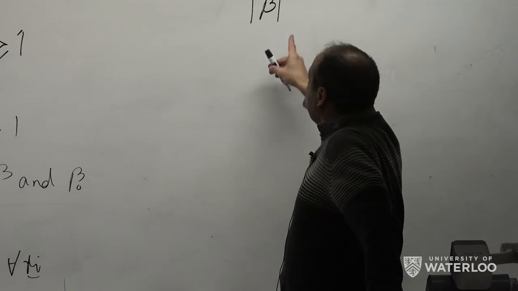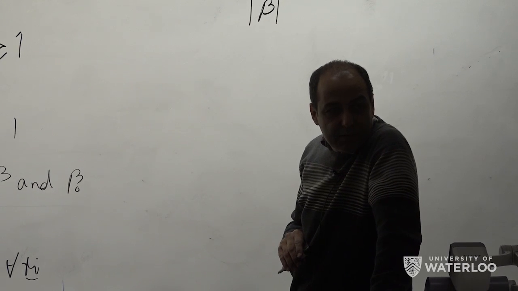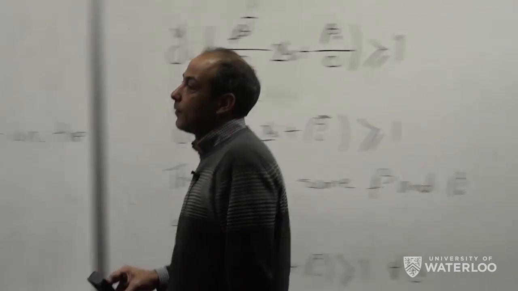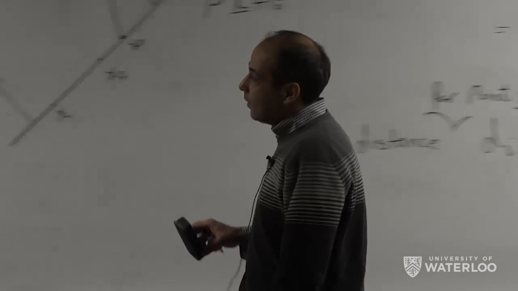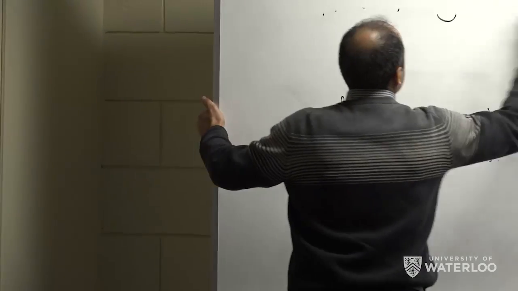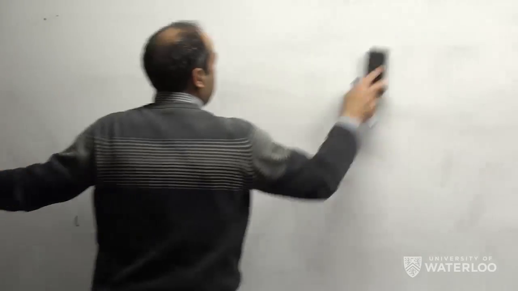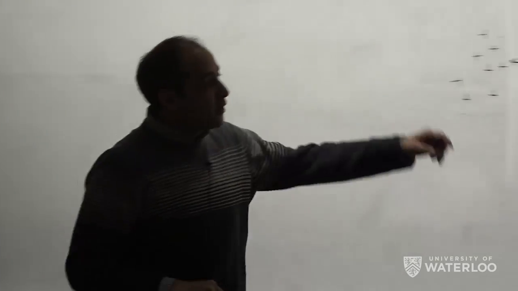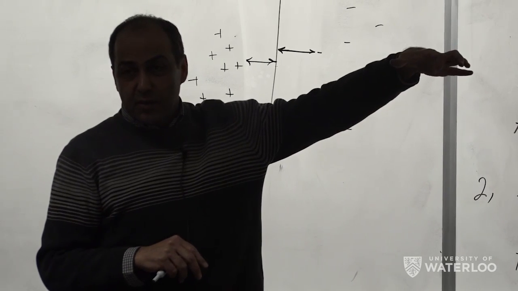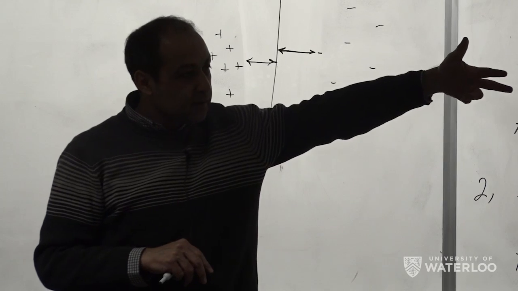Now I want to maximize margin. I can form an optimization problem in this form. My margin is 1 over the norm of beta. Maximizing margin means minimizing the norm of beta.